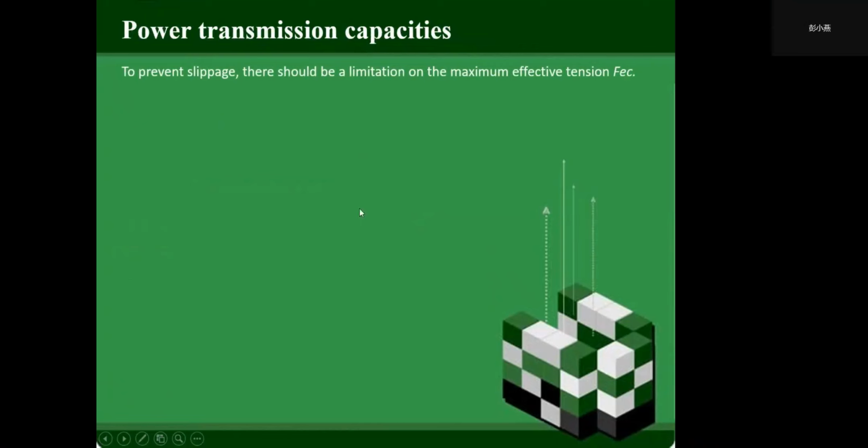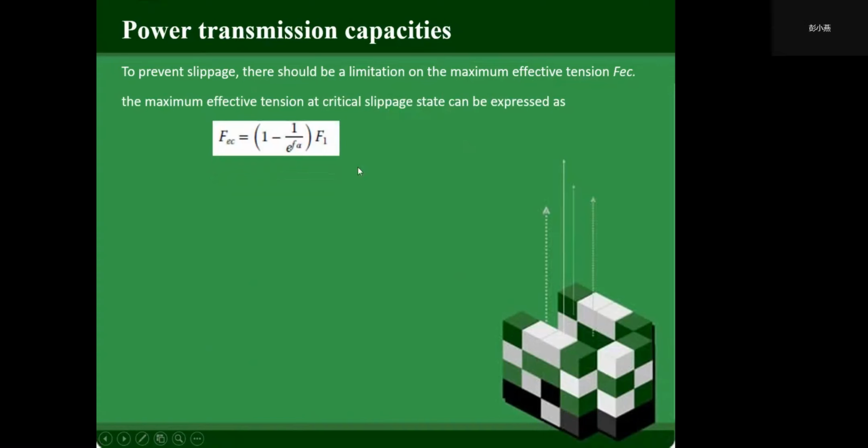And to prevent slippage, there should be a limitation on the maximum effective tension FEC. The maximum effective tension at critical slip stage can be expressed as this. And the maximum stress on the belt should be less than the allowable stress.